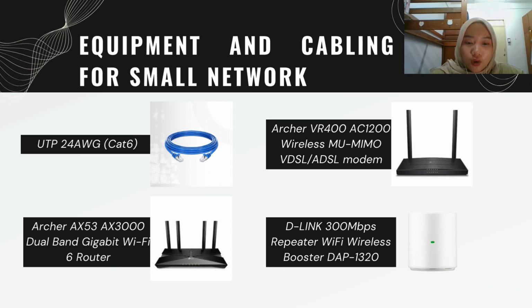Next, for our repeater, we are using the D-Link 300 Mbps repeater Wi-Fi wireless booster DAP-1320. This repeater is a portable plug-in wireless extender, and the speed of this repeater is up to 300 Mbps.